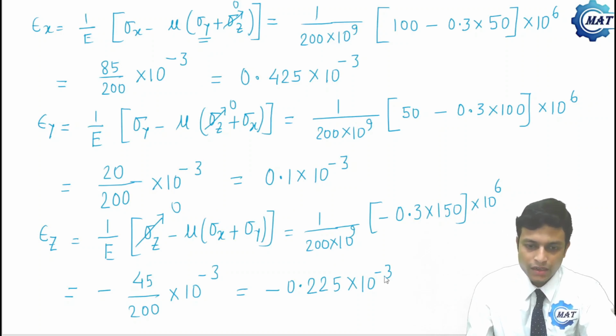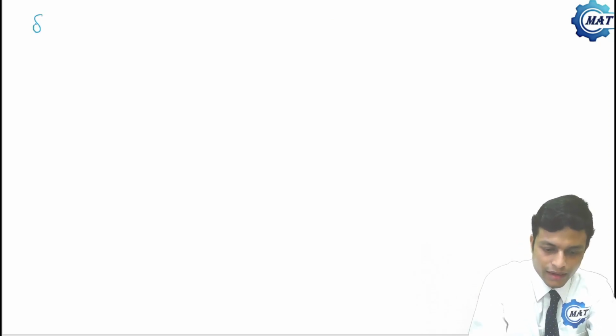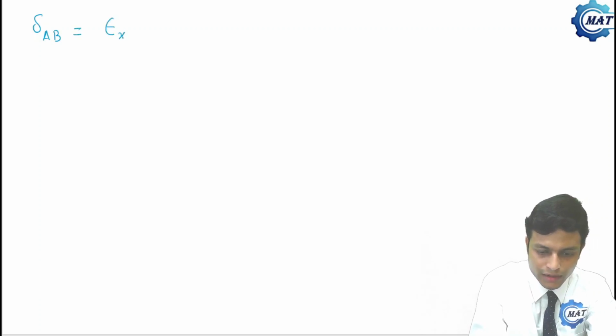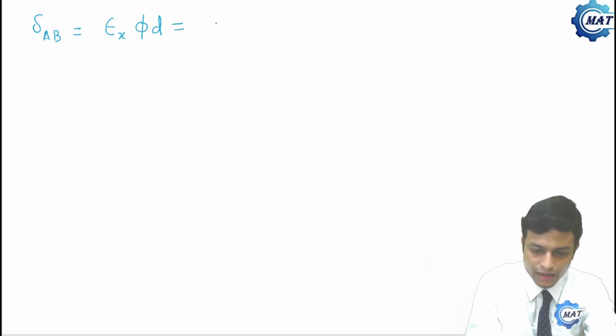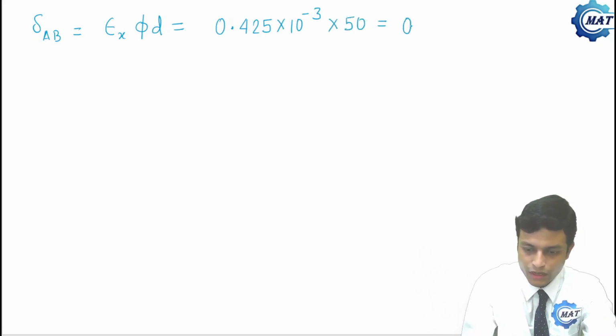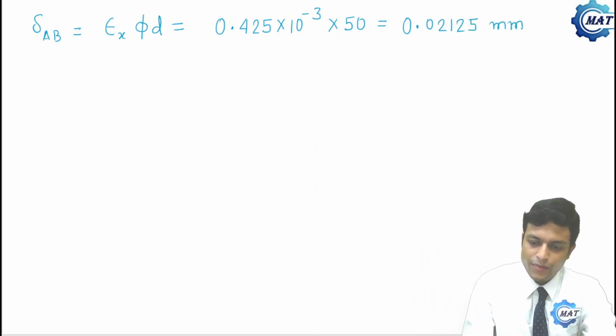Now the change in length of diameter AB, say delta AB, will be what? That is nothing but epsilon x into diameter d. Epsilon x we got as 0.425 into 10 to the power minus 3, and d was 50 mm. So that gives us 0.02125 mm. So diameter AB will be elongated by this much.